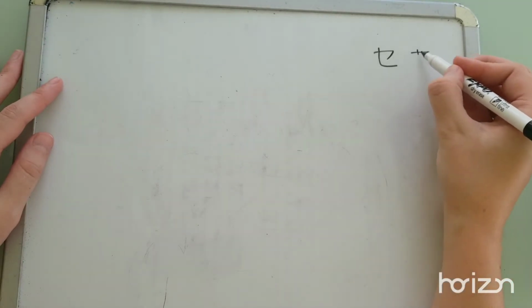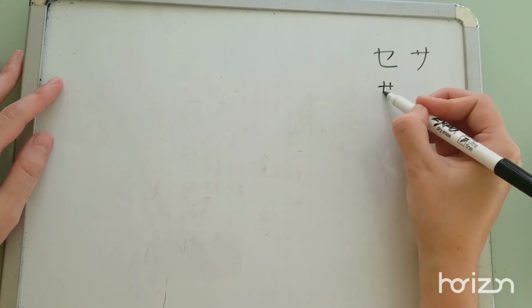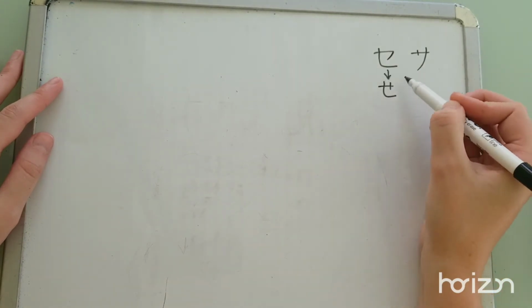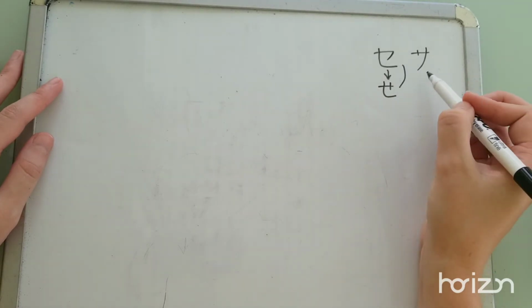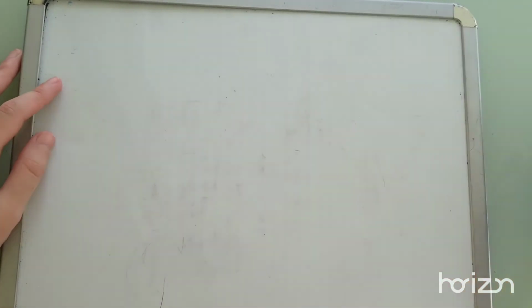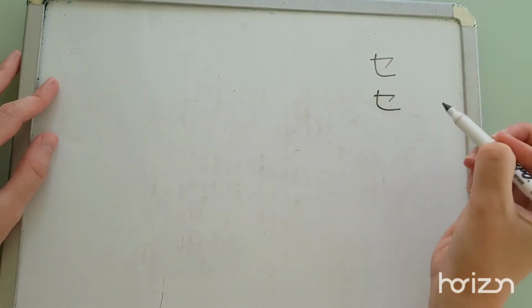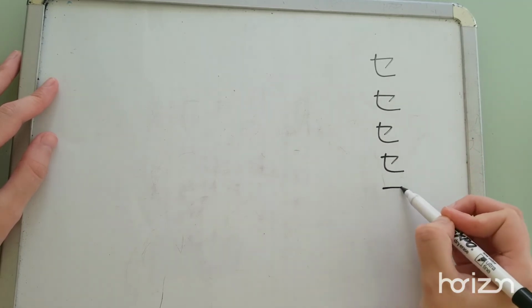Remember how I said that it actually looks more like hiragana se? So there's hiragana se. It's much more closely related than katakana sa is. Se, se, se, se, se.